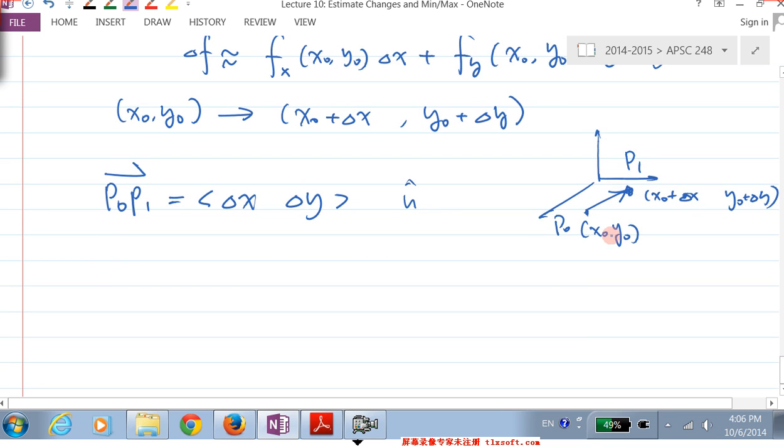Then the next question is, from P naught to P1, how much distance did you walk? So how much distance did you travel from here to here?